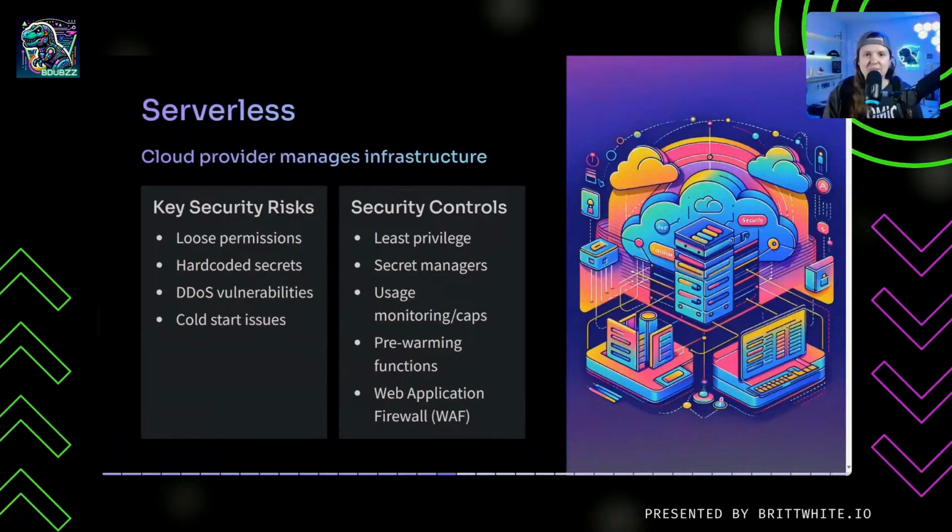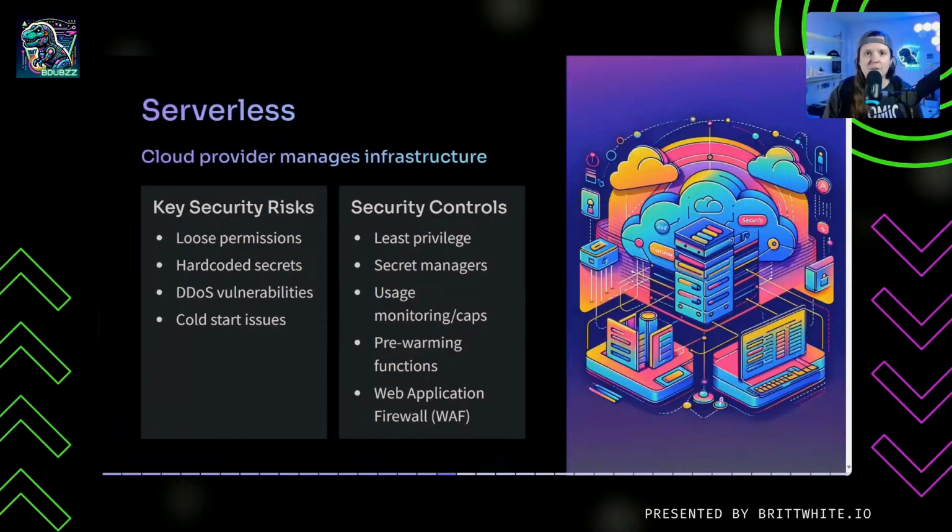What's the risk? Overly loose permissions are like handing out spare keys. Attackers can roam free. And then hard coded secrets, that's like a password on a post it note. DDoS can spike your bill with junk requests, and cold starts leave a tiny window for timing tricks. Here's how we can fix it. Least privilege locks permissions tight.